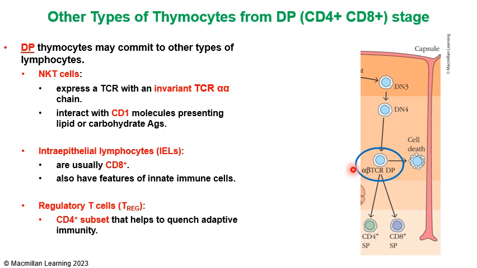Besides that, from the double positive, you can have differentiation into a single positive. So the cell can go either CD4 or CD8. We have seen that. But instead of becoming helper T cell or cytotoxic T cell, they have also other avenues.